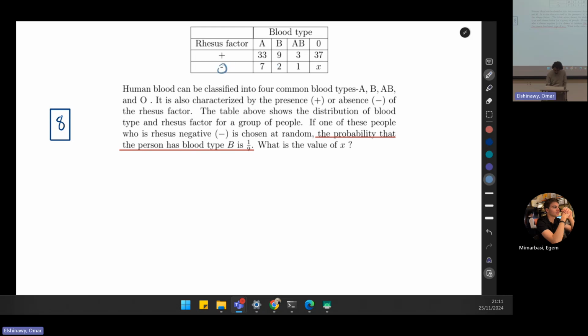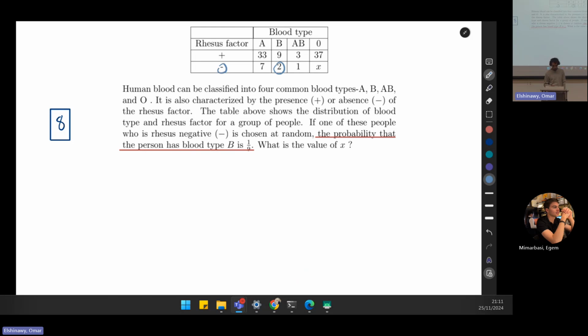There are 2 people that are type B that are negative, and if you know that the probability of it being type B is 1/9, then the total people with negative has to be 18. So that 2/18 is 1/9. The total number of people with the negative factor is 18.